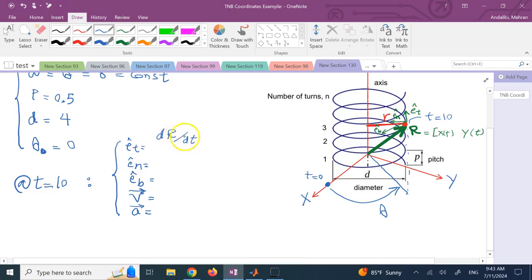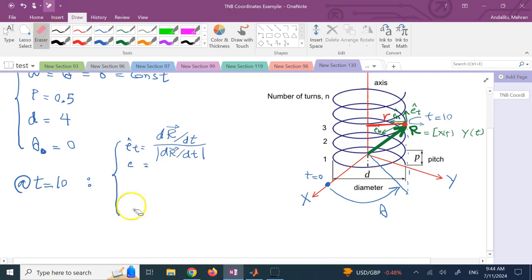This is the vector tangent to the curve, but the magnitude of this dr over dt is not necessarily 1. But et is a unit vector, so we have to divide this vector by its magnitude. If we do so, that is going to get us our et vector.